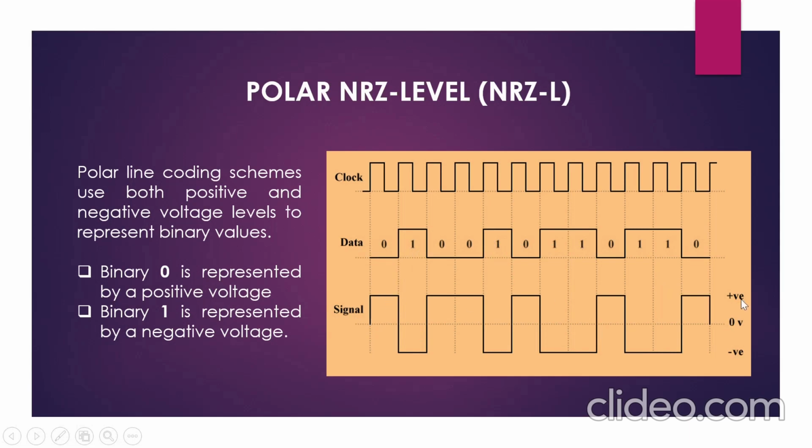You can see here 3 levels: positive, 0 in between, and negative beneath, and towards the upper side we have a positive signal. To represent a 0, as suggested here, it is represented by positive voltage. Then there is a 0 here, 1 here represented by negative voltage, then 0 here represented by a positive, again positive to represent 0, then there is a 1, and so on.